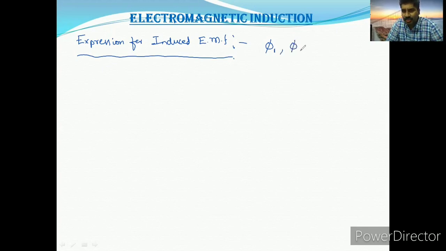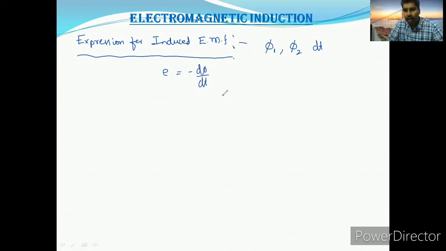Afterwards, it is changed to phi2. How much time does it take? After dt time, it changed to phi2. Then what happened? It induced the EMF. So we can write E is equal to minus d phi by dt.